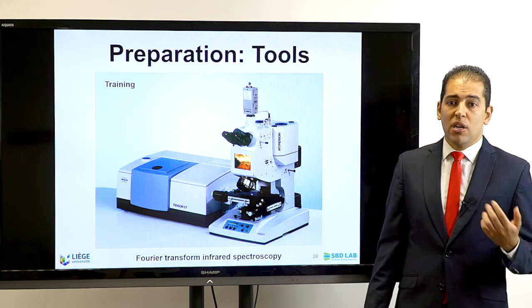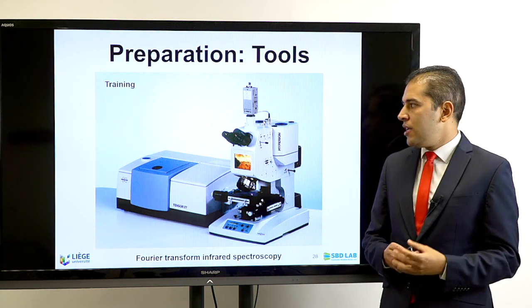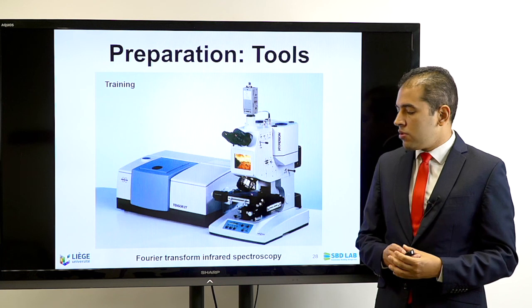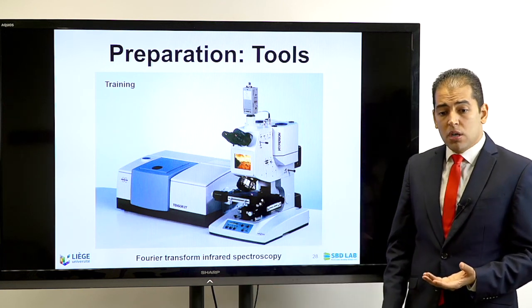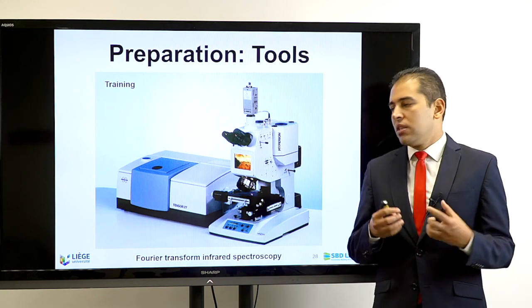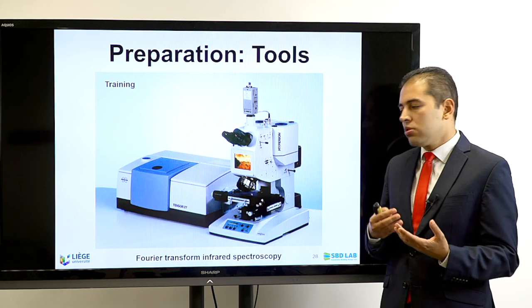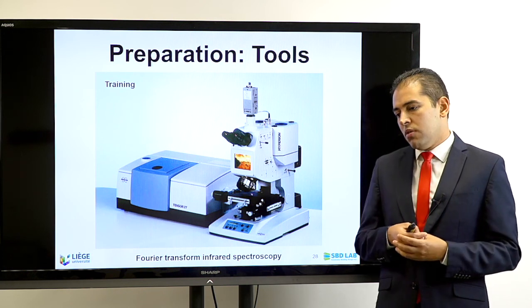And when you arrive, you can ask for special training to make sure that you are able to conduct your experiment. For example, Fourier transform infrared spectroscopy is a very difficult device to use. Not everybody has an idea how to run the samples and how to make sure that the measurements are done correctly.